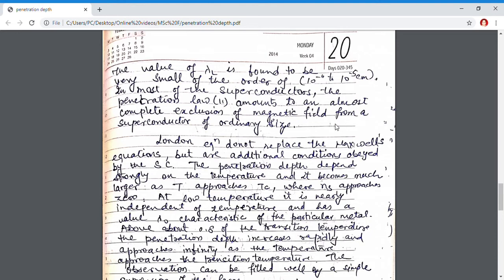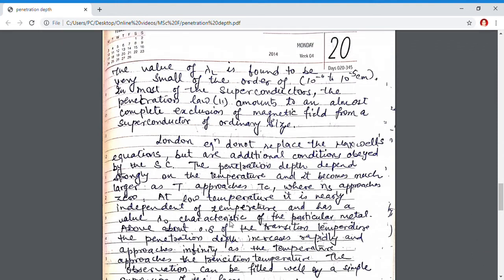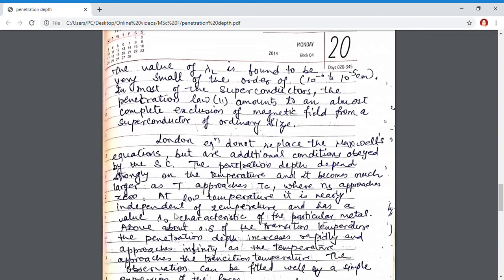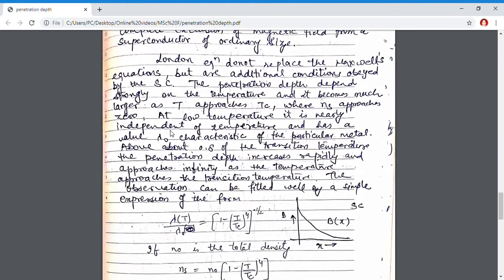As T approaches Tc, we know that the material will become a superconductor at Tc, hence Ns will approach 0. And at low temperatures, it has been found that this London penetration depth is independent of temperature and has a constant value equal to lambda 0. Lambda 0 is dependent on the material.